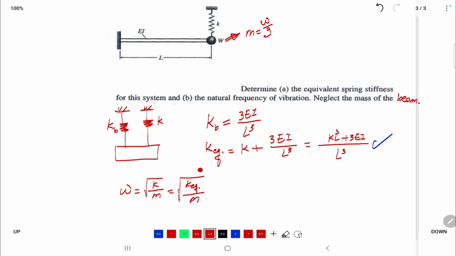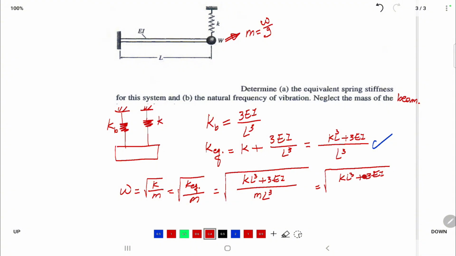So now K equivalent will be K L cube plus 3EI over L cube, over M. Then M will be replaced by W over G. So it will be K L cube plus 3EI over L cube times W over G.